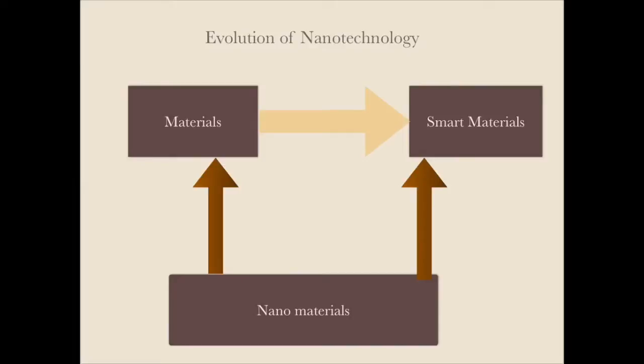Examples of smart materials are shape memory alloys, magnetorheological materials, piezoelectric materials, and other materials which change with temperature, with strain, and other parameters, and they are effectively used in many applications.